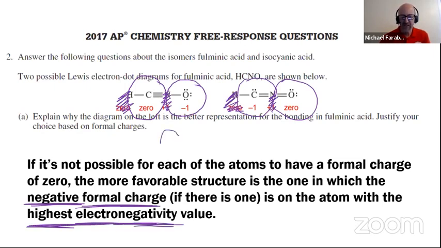So it's about the electronegativity of carbon versus oxygen. As you look on the periodic table, you know that oxygen is further to the right on the periodic table. That makes oxygen more electronegative than carbon. So it is more favorable to put a negative charge on oxygen.